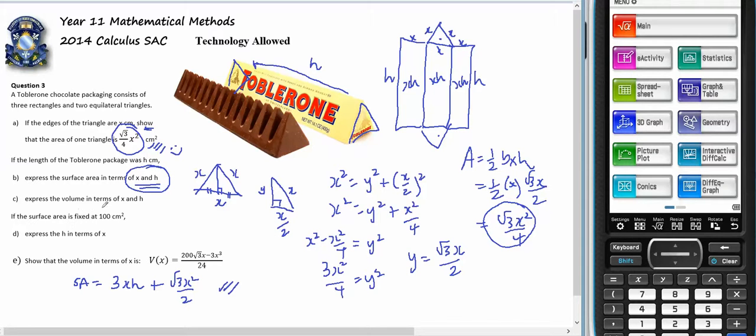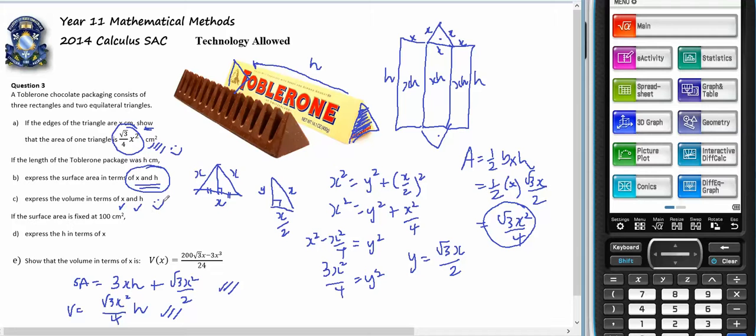Express the volume in terms of x and h. Well, the volume is going to be the area of the base times the height, since it's a prism. The area of the base is root 3 x squared on 4, times h. So that's an expression of the volume in terms of x and h.